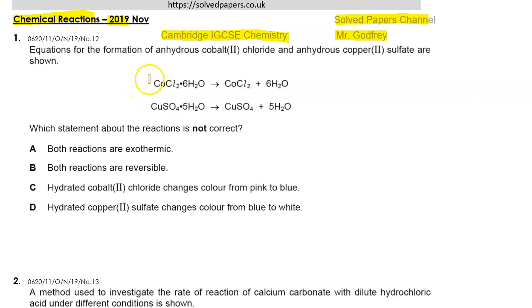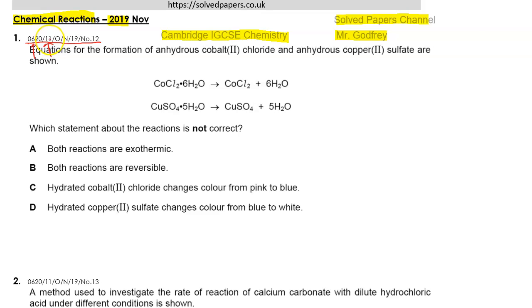Let's get started. Question number 1. In every question, as I always indicate in my videos, you'll find this kind of writing. This tells you which variant. Of course, 062 is the code for chemistry IGCSE papers.